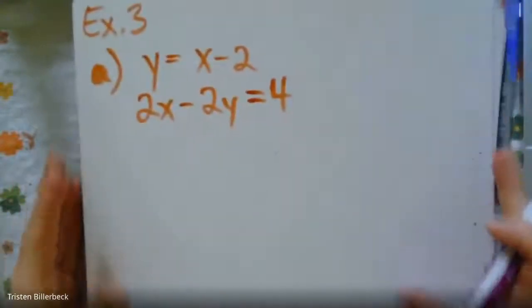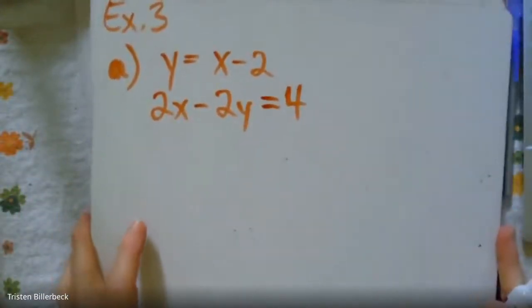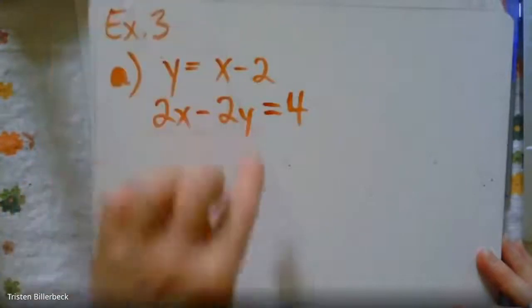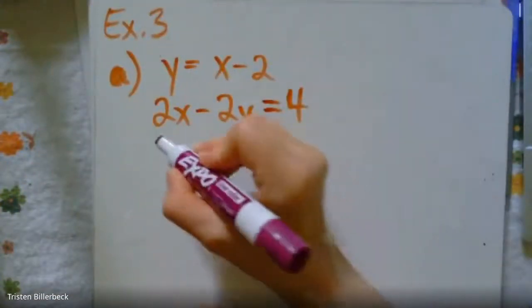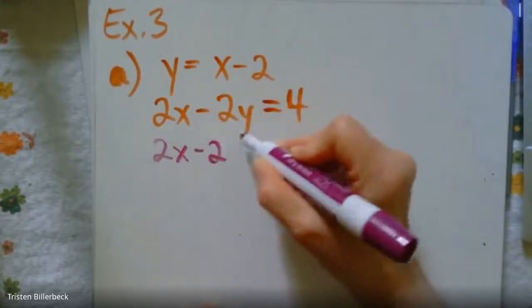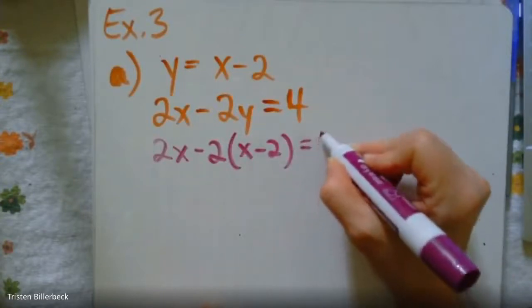Sometimes we don't have intersecting lines, so we get strange things that aren't coordinate solutions. So let's take a look at what that might look like. So this first one, we're going to substitute this y in here. So we have 2x minus 2, and we're going to put x minus 2 in there, equals 4.